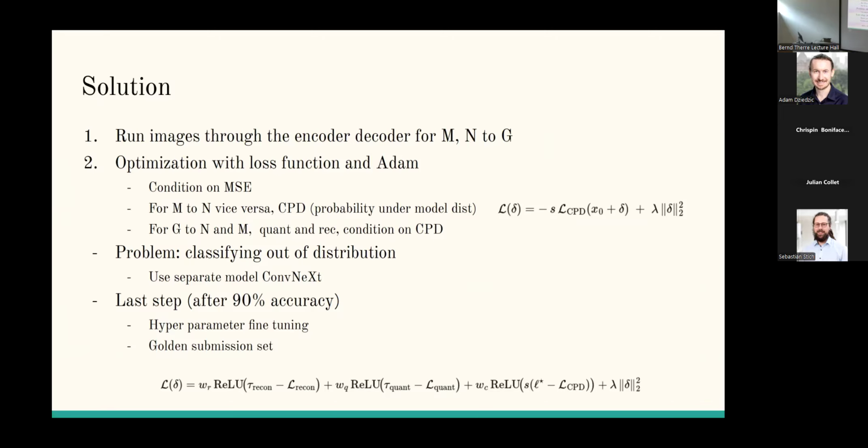It's very simple. For the rest of it, I would say actually using ConvNeXt because of the out of distribution was very good. That did help a lot. And in general, just doing optimization was very effective, since it's an optimization problem. It got us from like 50 to 70 or something. Maybe it was 80. I don't remember. Yeah, 83.